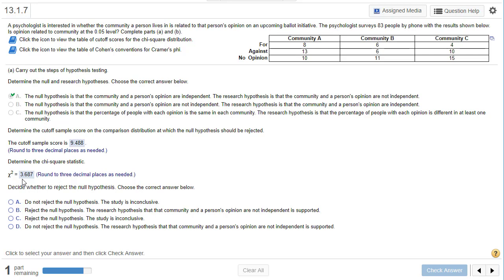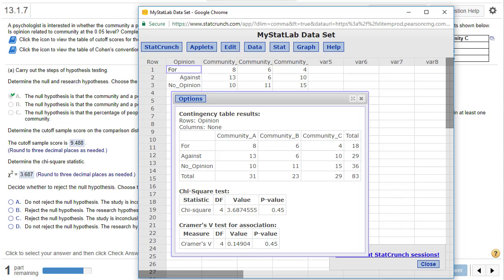This is unlike the t statistic or the z statistic, right? It doesn't really mean the same thing because of the way the chi-square test looks. Our p-value here is 0.45. That's a pretty high p-value, right? So we're looking at 0.05. If p is low, we reject H0. But p is not very low. A result this extreme could occur in 45 out of 100 samples. That's not very extreme. That's almost half.